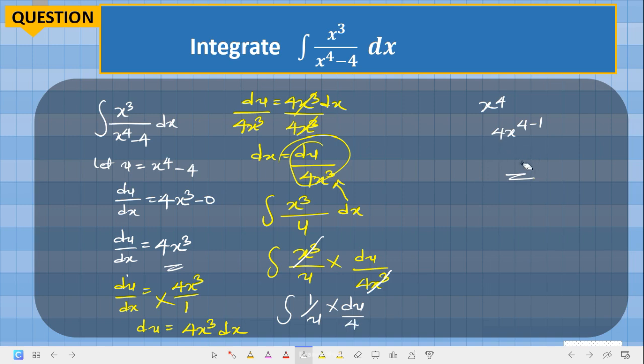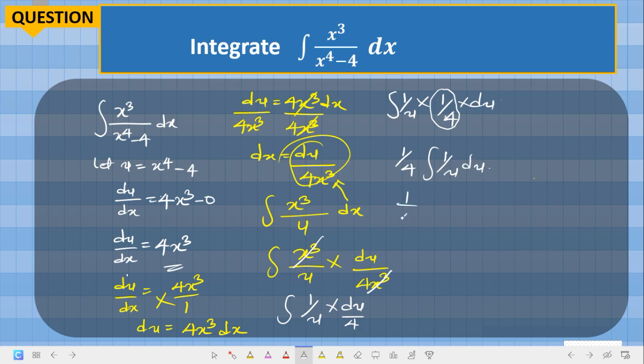Now, what would that give to us? This integral of 1 over u times du over 4 can also be written as 1 over 4 times du, right? Because 1 times du will give us du, and 4 times whatever is under here will give us 4. So taking this one out of the integration because it's a constant, we have 1 over 4 integral of 1 over u du.